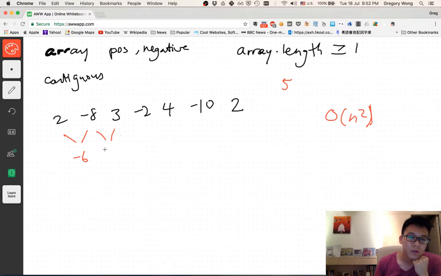Contiguous sum. Yes, I shouldn't have erased it, right? No, that's fine.